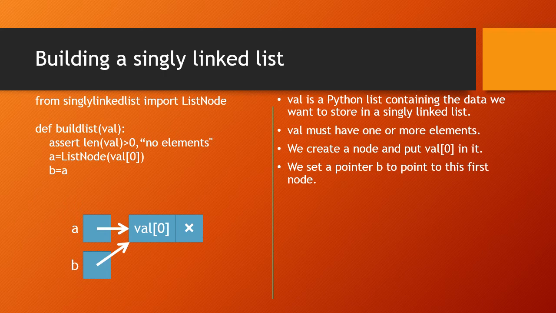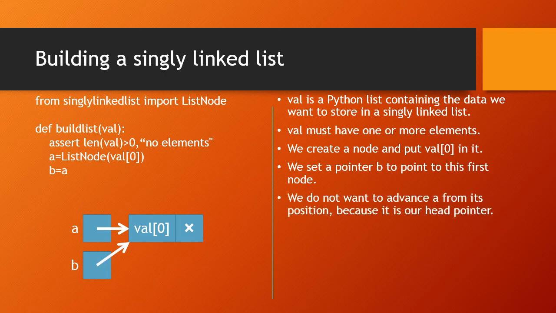Why am I using a second pointer? I am using a second pointer because I am going to advance the second pointer. The question is, why can't I just advance the first pointer, A? I do not want to advance A from its position because this is my head pointer.